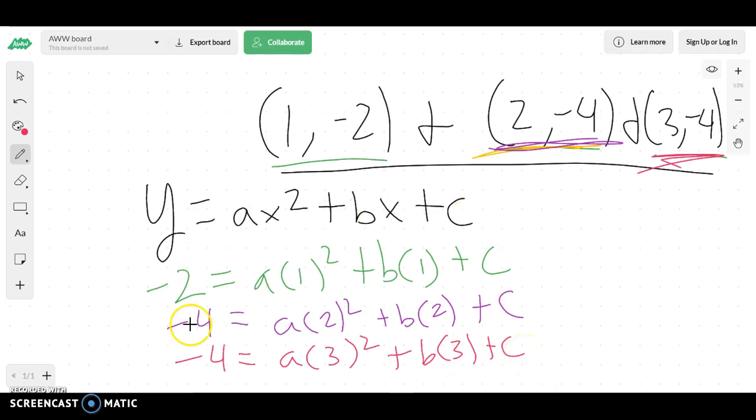Now, what this should look like is it should look like a 3 by 3 matrix that we could write.